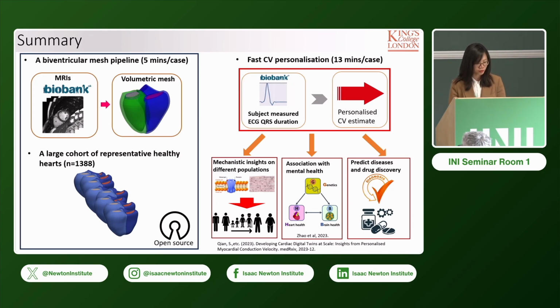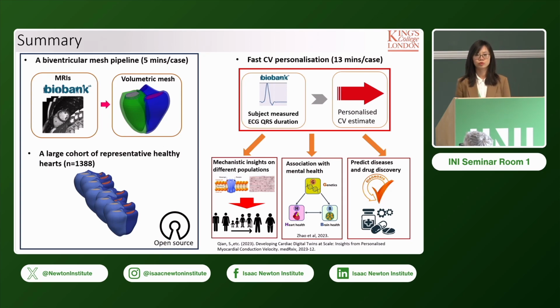And the second part is that we have also built a fast conduction velocity personalization pipeline, and we have found that this cardiac digital twin derived conduction velocity shows a lot of new mechanistic insight into different populations.